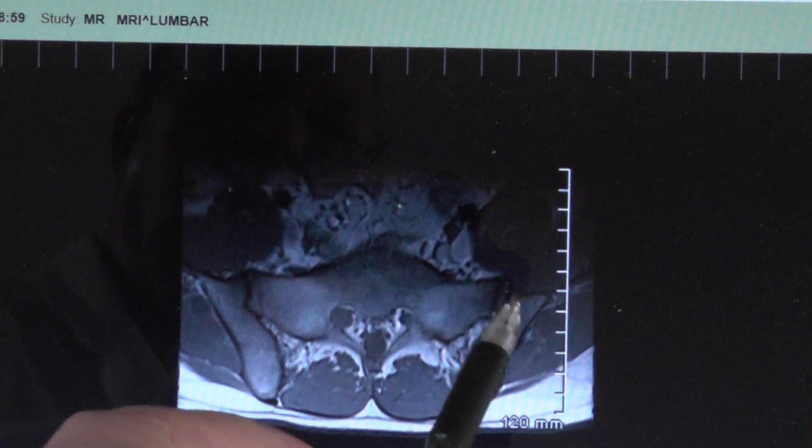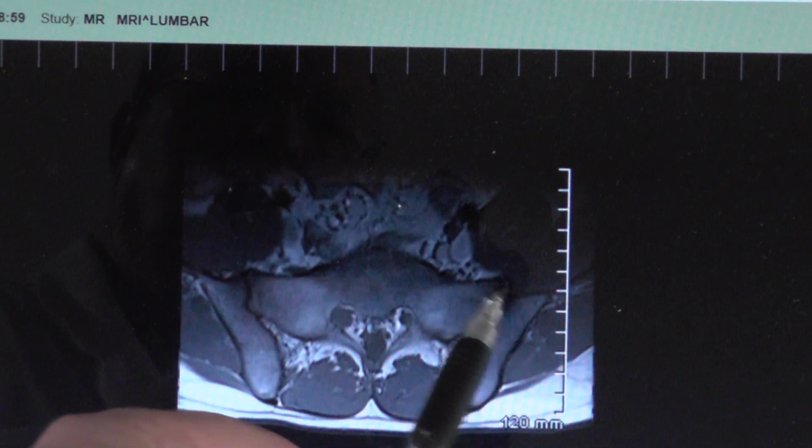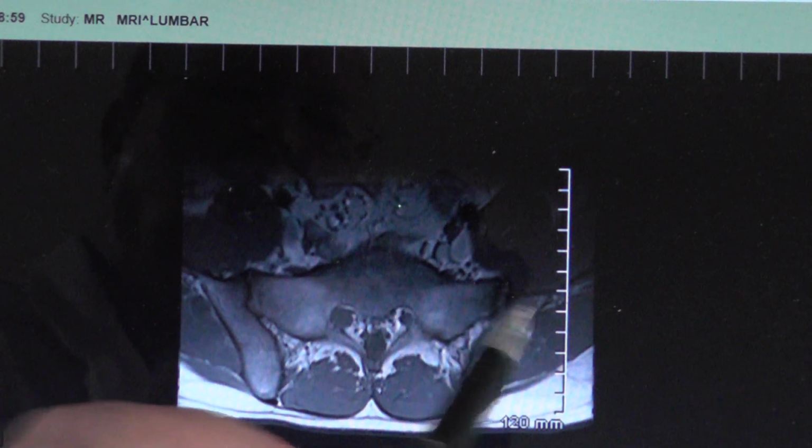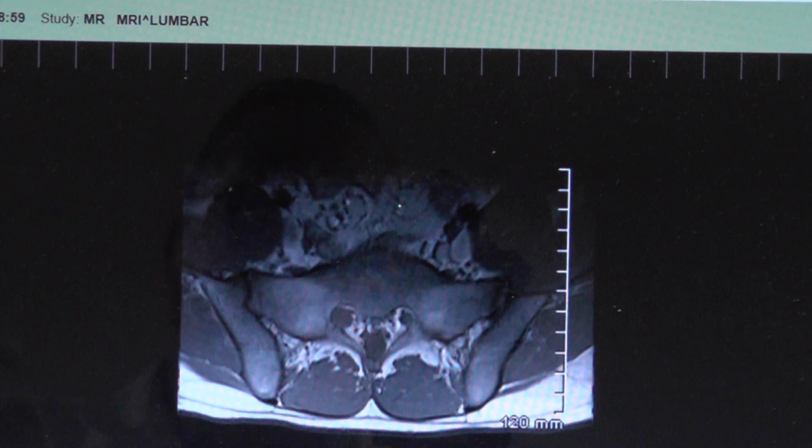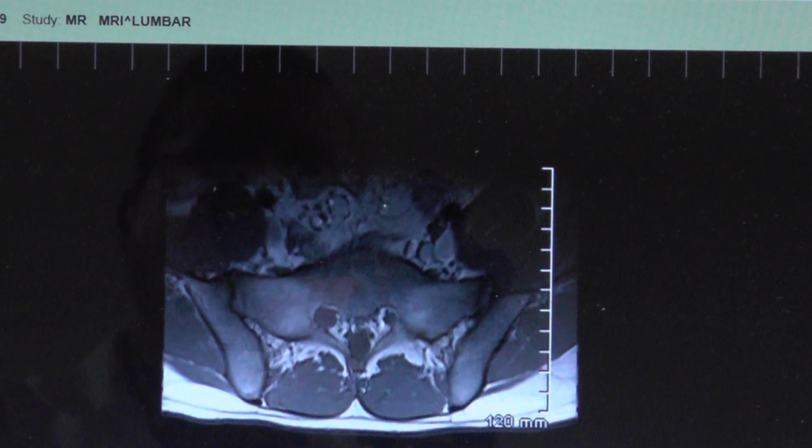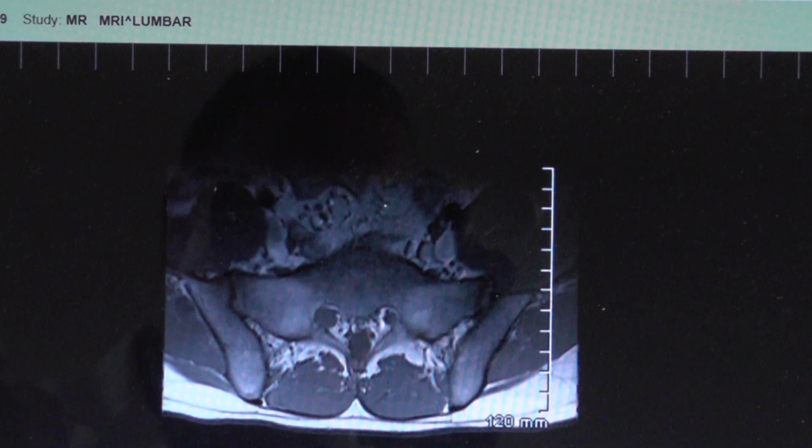And on the right side, looks like there might be a little bit of altered integrity, continuity. And I think that when he was lying on the table for the MRI, he was lying somewhat asymmetrically. Could have been tightness in hip muscles on one side.